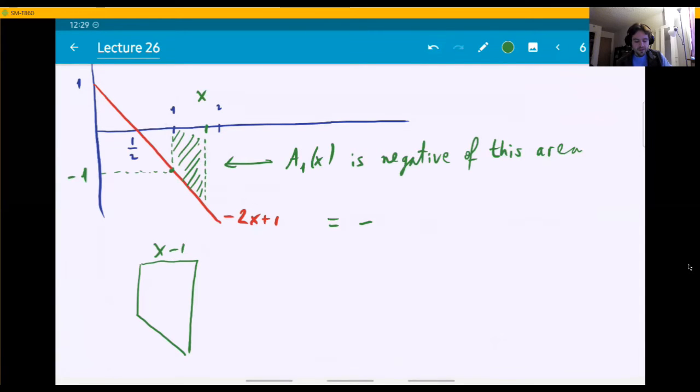So if the coordinate of this point is equal to minus 1, that means that the length of this segment is 1. Lengths have to be positive, right? So all I'm saying is that because this is the point of y coordinate equal to minus 1, the length of this piece is 1.